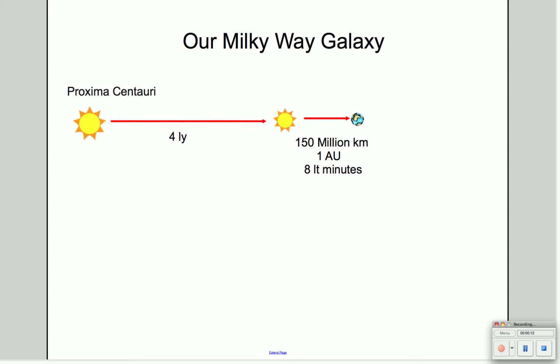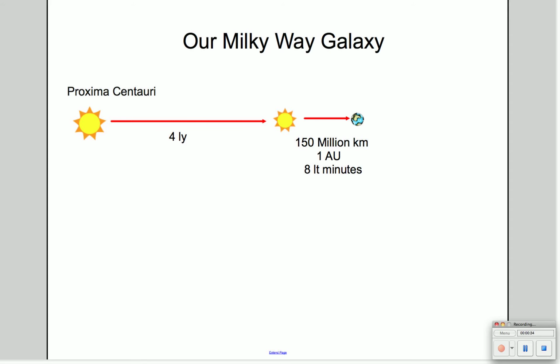Just to give you some idea of the distances involved here, our sun is basically one astronomical unit away from Earth. It takes about 8 minutes for light to get from the sun to us, so we say that the sun is 8 light minutes away.